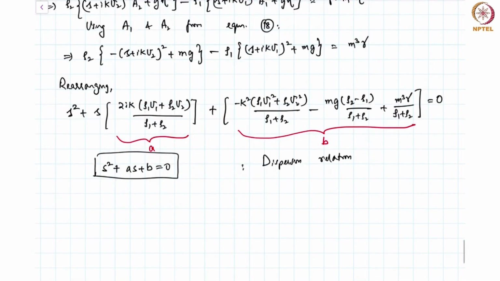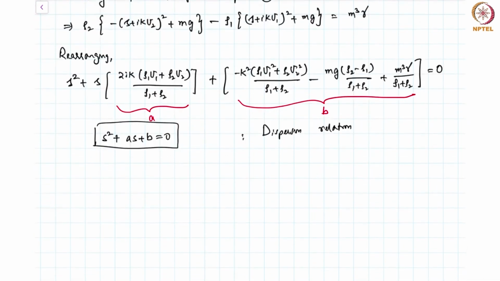Now it's a simple quadratic equation. Therefore, the general solution would be S is minus A plus or minus square root of A square minus 4B, by 2. That's my general solution.